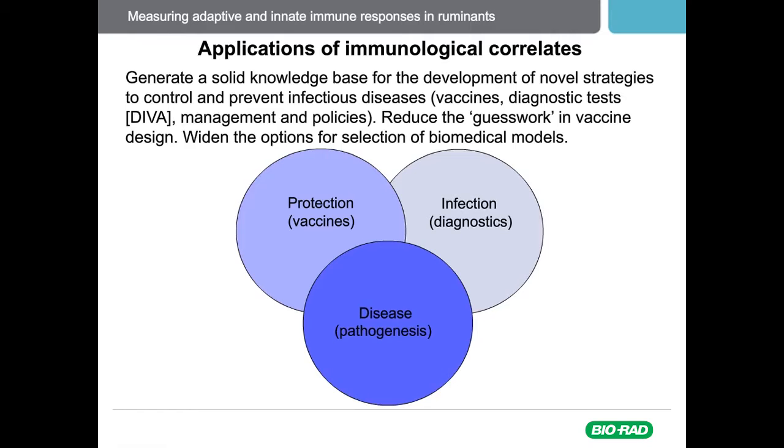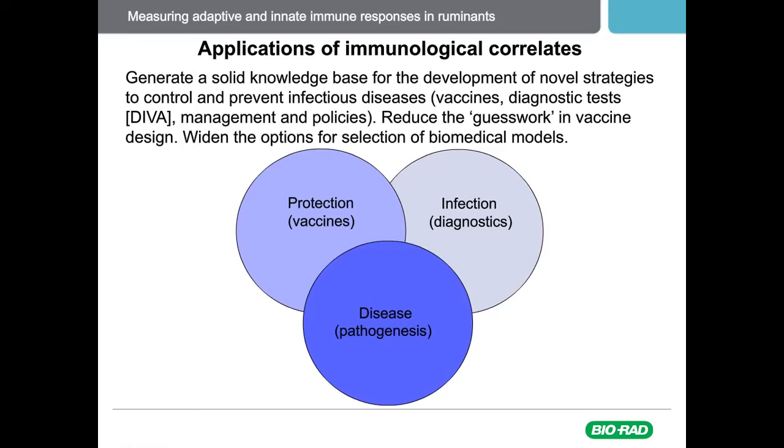And those strategies can be vaccines, they can be diagnostic tests, and in particular there's a strong interest in developing DIVA tests, which would be the discrimination between infected and vaccinated animals, and then using these in combination to develop new management strategies and also policies for controlling infectious diseases that impact on livestock welfare, but also on livestock productivity and agricultural productivity.